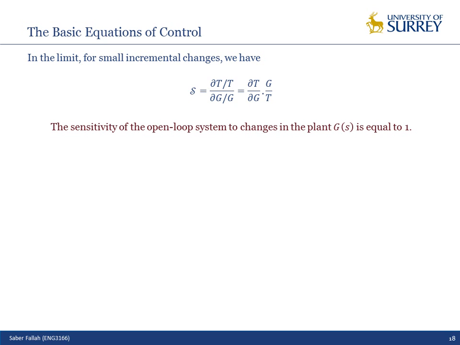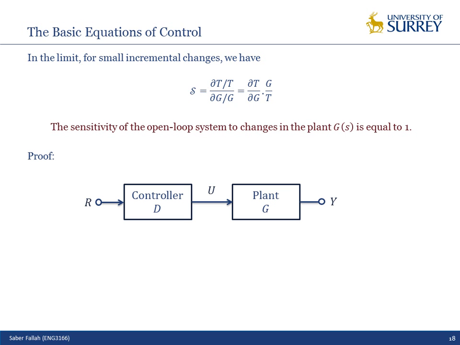Now, okay, as a start point, where should I start? From transfer functions and errors. Proof. This is the open loop transfer function: reference input, output, plant, controller D. The transfer function Y over R will be DG.